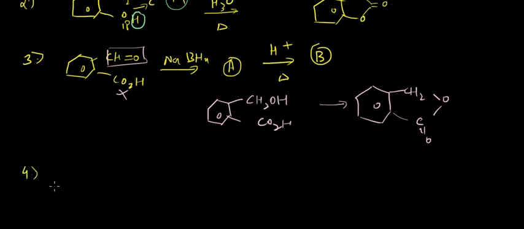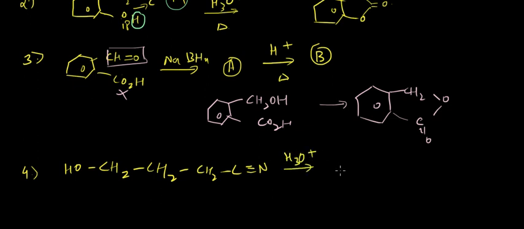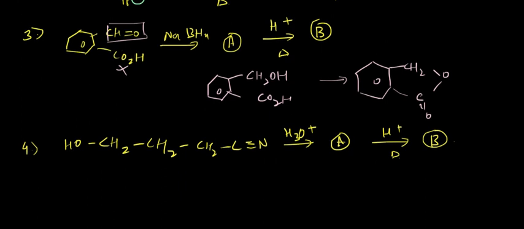Okay, let's look at another example. We have this compound, which on hydrolysis in acidic medium gets to compound A. Again, H plus, and we are providing heat, to get to compound B. What are A and B? That has to be determined. So A would be, obviously we are hydrolyzing a nitrile group, so what will we be getting?